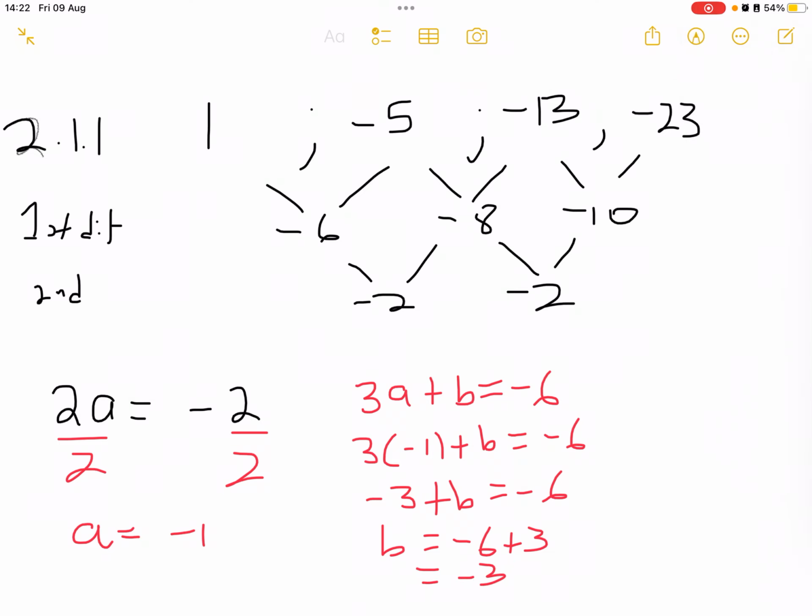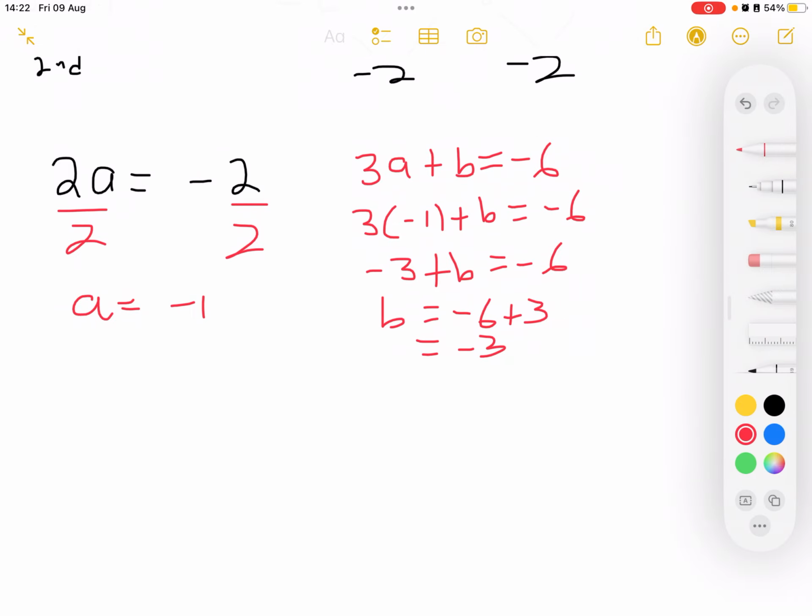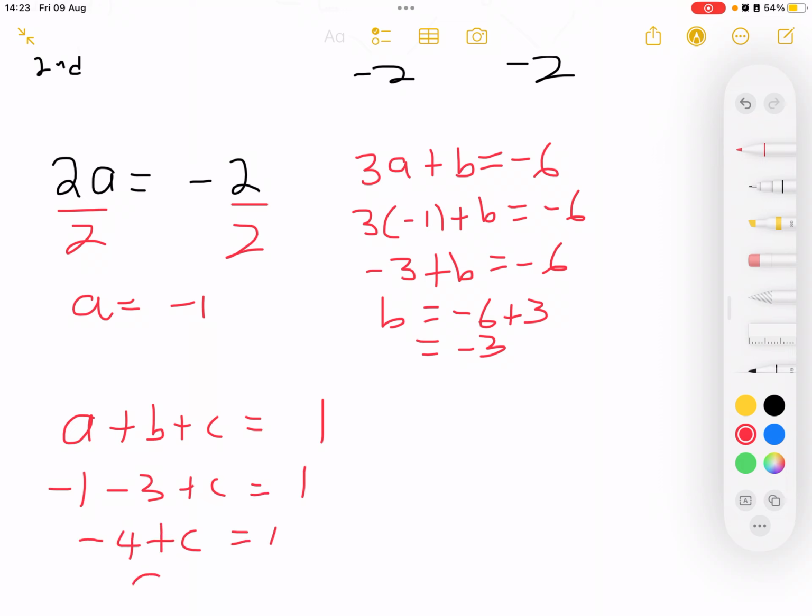Next up, a plus b plus c is equal to the first term of the sequence, which is 1. Now we have a, which is -1, and b, which is -3, plus c is equal to 1. So -4 plus c is equal to +1, and c is equal to 1 plus 4, which is equal to 5.